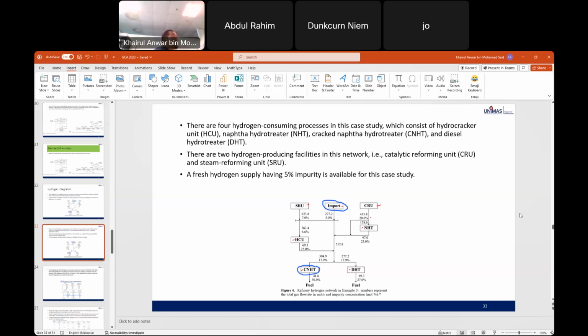For example, in heat integration or heat pinch analysis, we are required to calculate the enthalpy for the stream, not the flow rate of it, but the enthalpy in kilojoule per mole or kilojoule per second, depends.